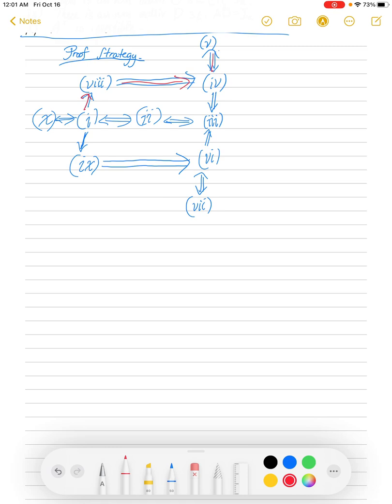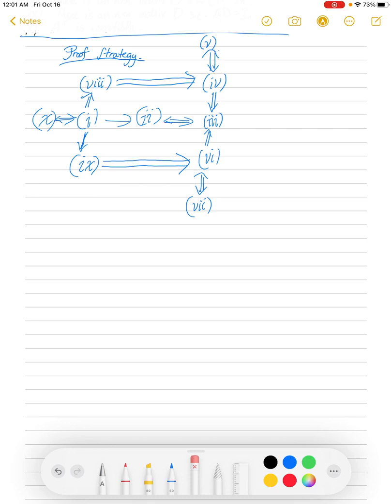I'm going to take this arrow, and then I can take that to get from 1 to 5. So I should be able to go from any statement to another statement following the arrows. That means I'm going to have to prove these equivalences and these implications. I'm going to start with the equivalence, 1 if and only if 2.